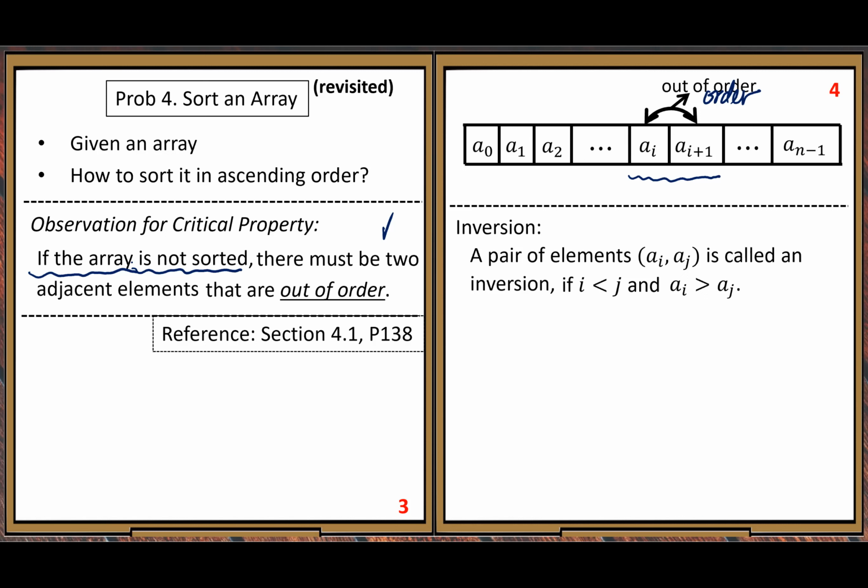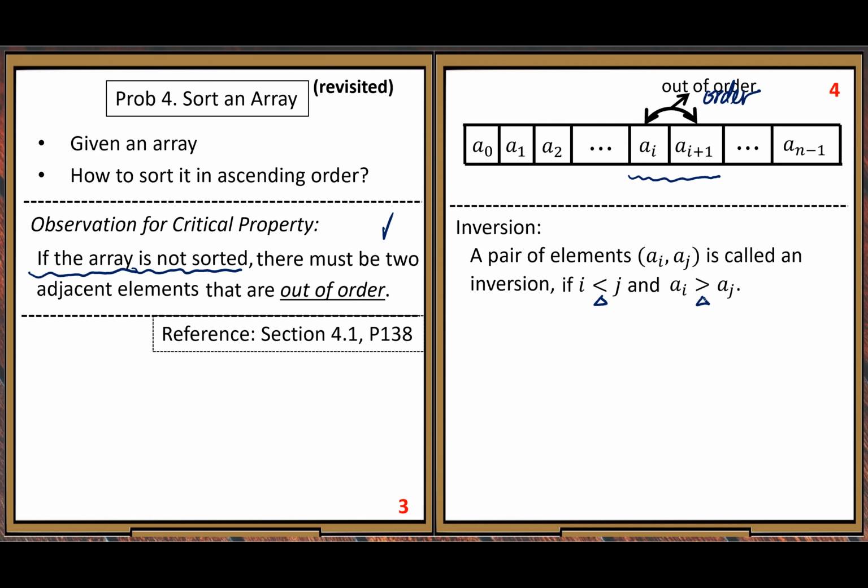Why inversion? Because the directions of the inequality signs are opposite. When that happens, we call this pair of elements an inversion in this array.